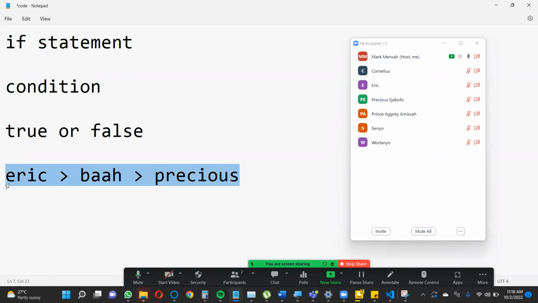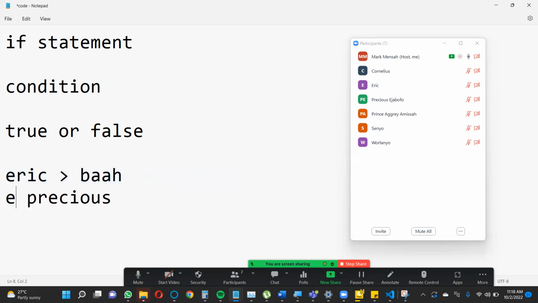Why is it wrong? Because I'm trying to compare more than 2 things. With this statement, I have to compare Eric and Ba, and then I have to compare Eric and Precious.